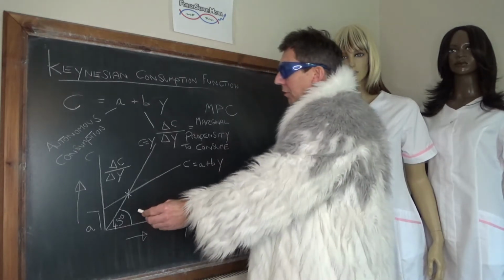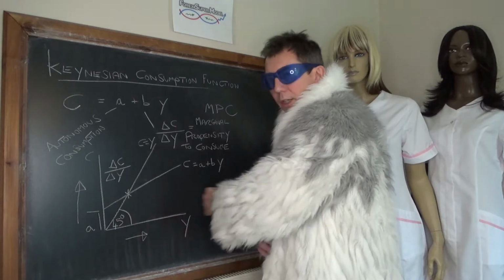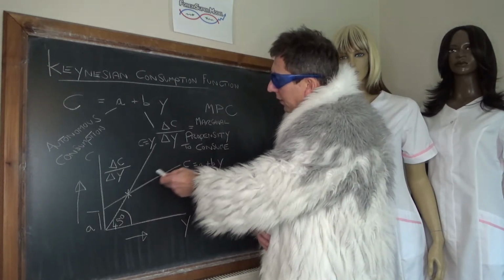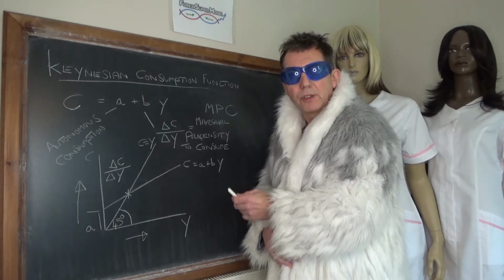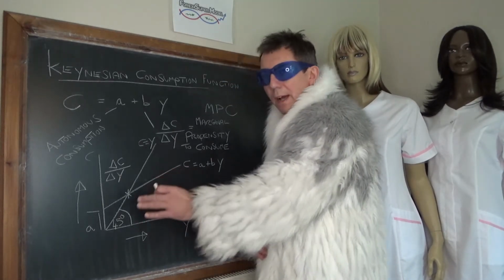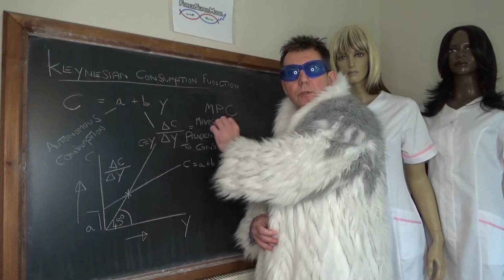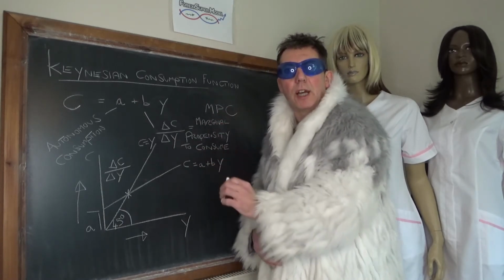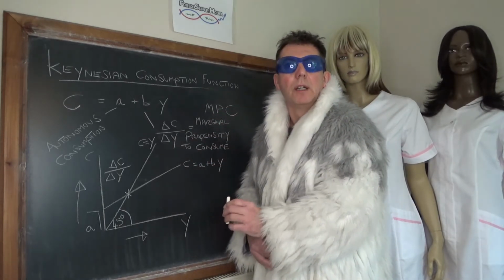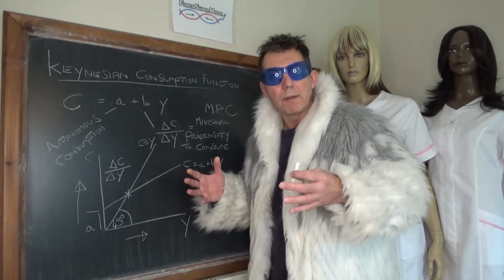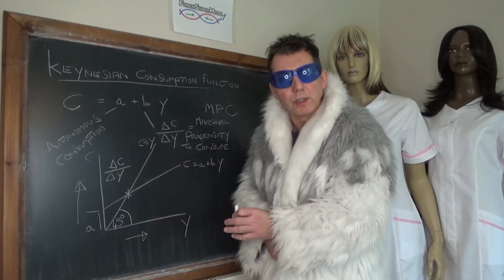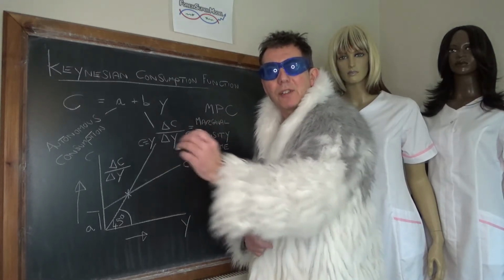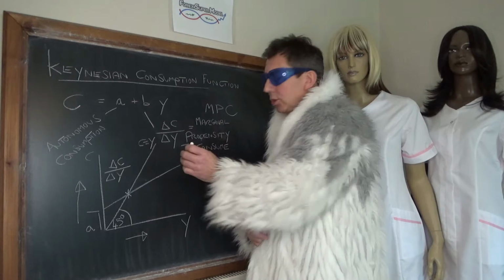So the further you go up the income tree, the relatively lower your marginal propensity to consume is. You may be consuming more in real terms. You may have a private jet and a yacht in the harbour, so you're consuming more. But in terms of the marginal propensity to consume, of every extra £1 you get, you consume less.